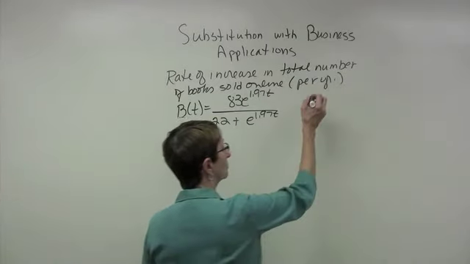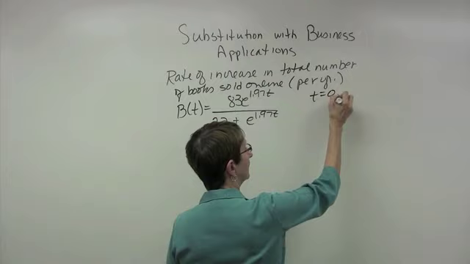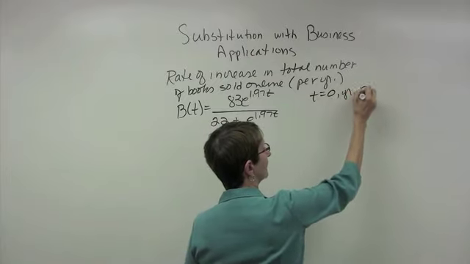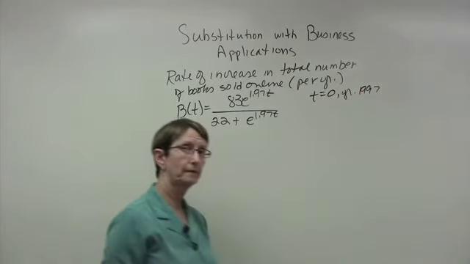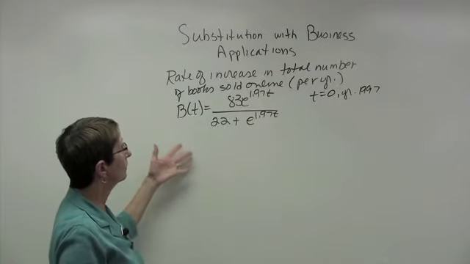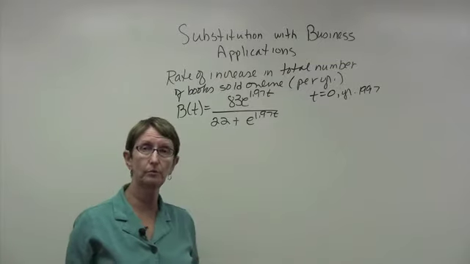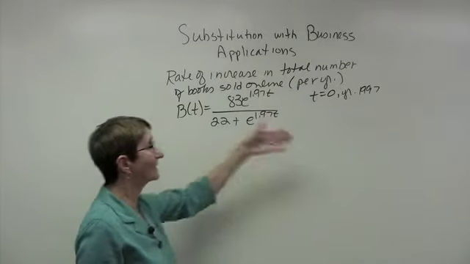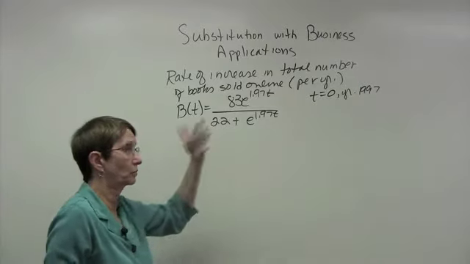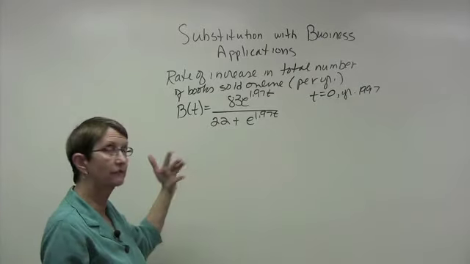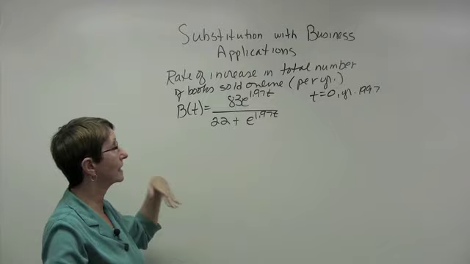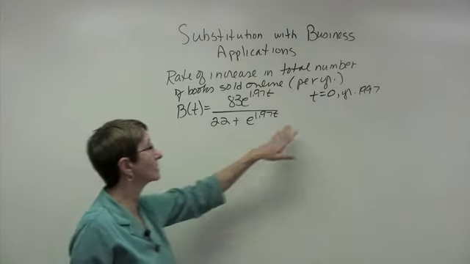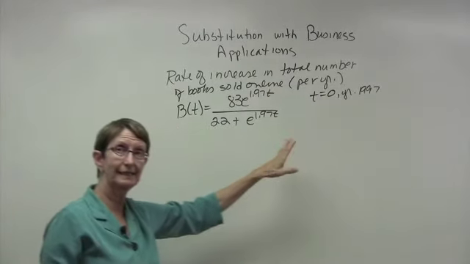So that our t equal to 0 is the year 1997. Now, what we want to find is the total number of books sold, beginning in 1997, going to wherever we intend to go. So we're looking for a formula that will just let us plug in a year, based on year 0 being 1997.